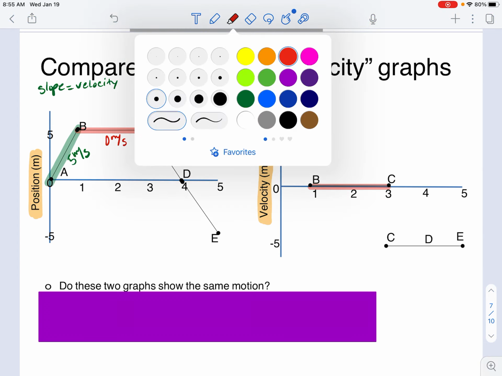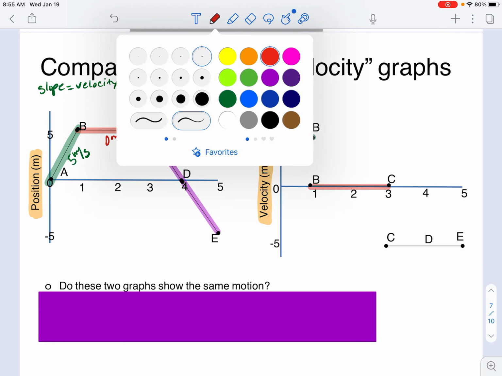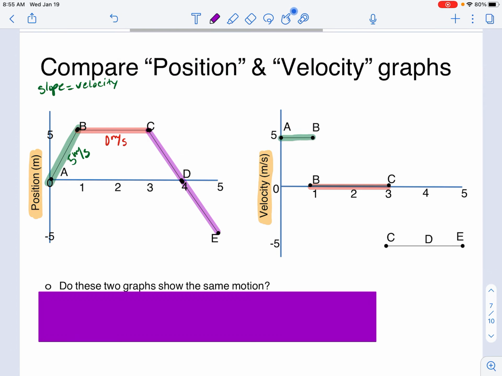When we look at the position-time graph, and we are over here for segment C to E, once again, the slope gives me my velocity. So if we calculate slope, it is rise over run. So we would put in -5 minus 5 over 5 minus 3, which gives me -10/2.